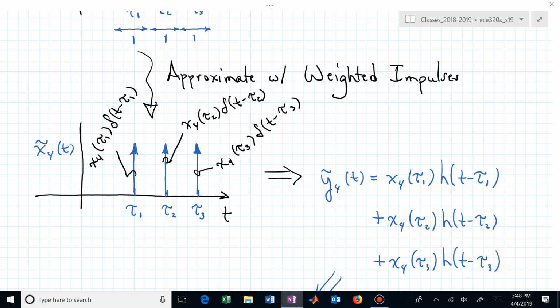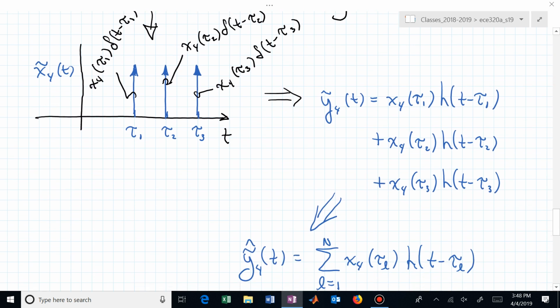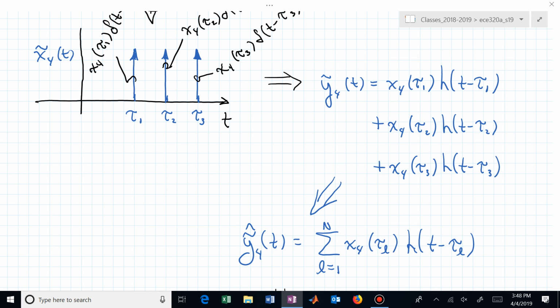Now if we're applying a train of weighted impulses, then that's what we're going to see at the output: a collection of weighted impulse responses. And I think you can see or anticipate where we're going. Suppose we chop that up a little bit finer, and instead of 3 pieces, we chop it up into capital N pieces.